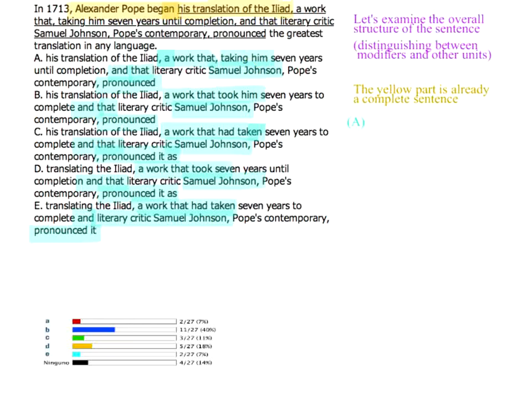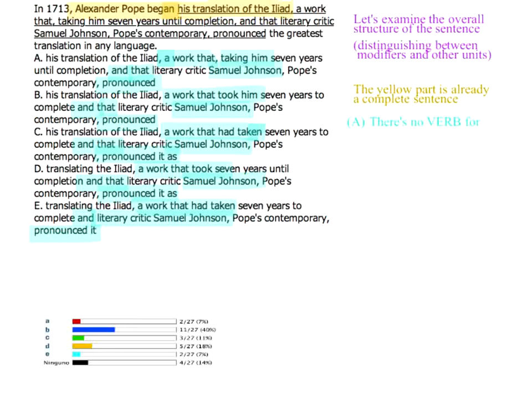But taking is not a verb. So that part of the structure, you can either see it as non-parallel, or you can notice that it results in an incomplete sentence. Because if you say a work that did something, it's got to be followed by a verb. Like you're making a clause when you do that.